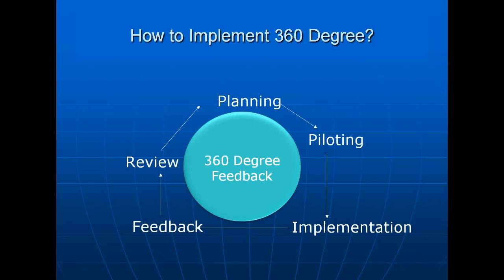In 360 degree assessments, the crucial part of this 5-point chain is accurate feedback. Therefore, more planning needs to go into setting up the system in a way that'll provide us with more accurate feedback.